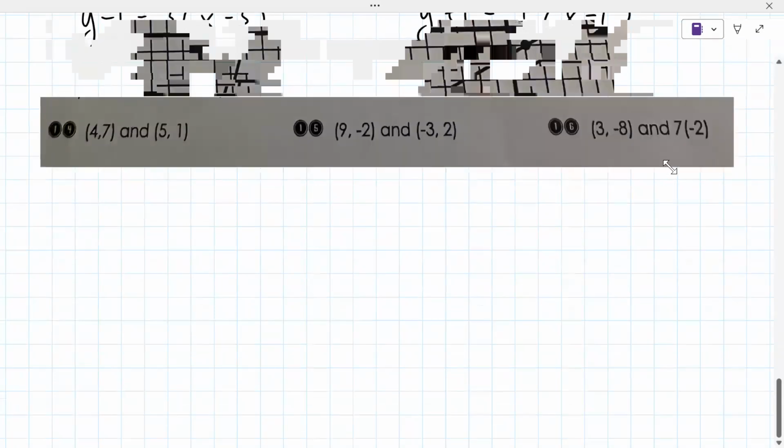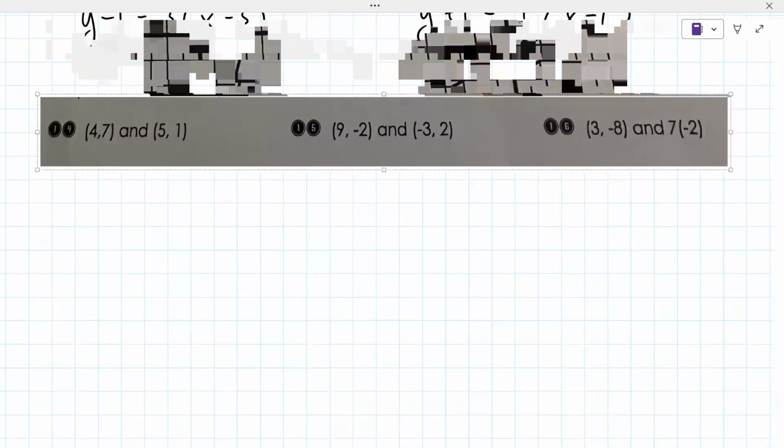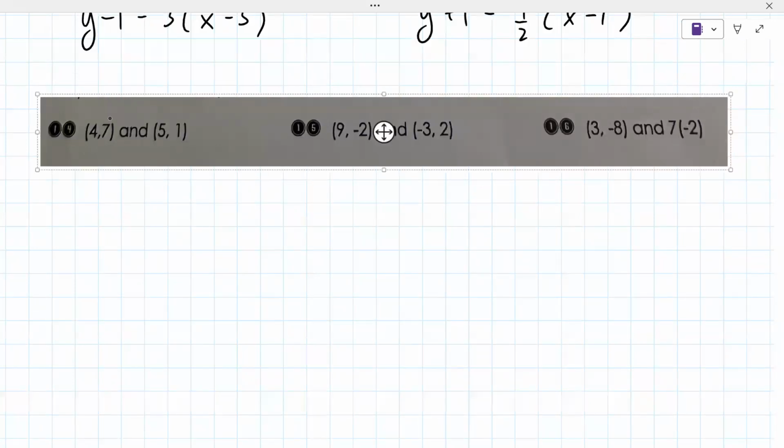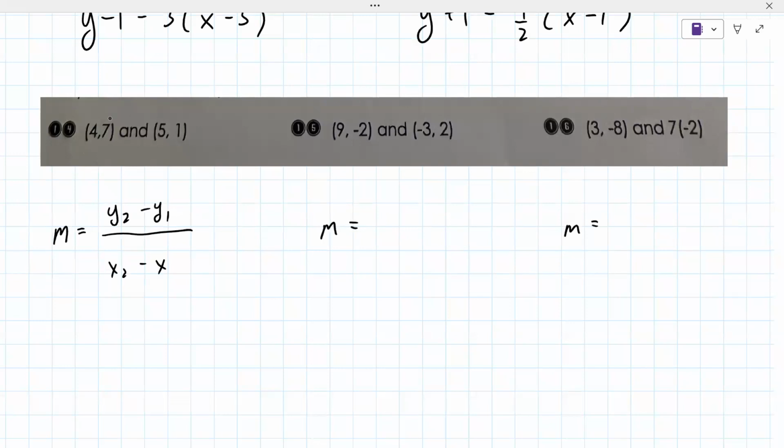Okay, so you have to do the same thing, point slope form. They want you to use the first point for your x1 and your y1. It says that in the instructions there. You have to find the slope using the slope formula. Okay, so that's y2 minus y1 over x2 minus x1.